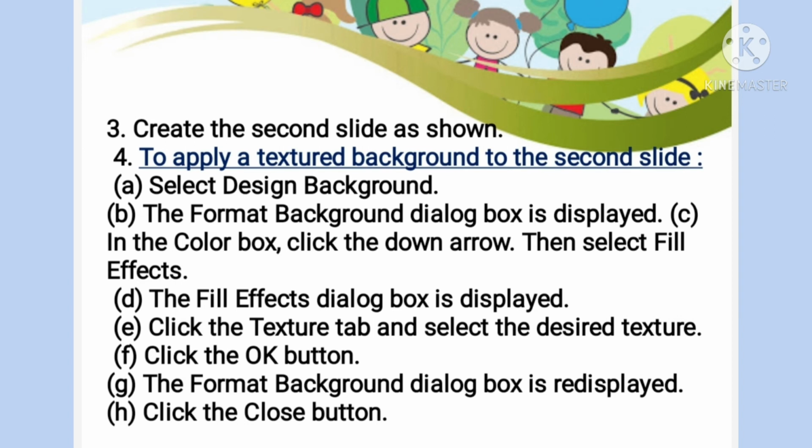C. In the color box, click the drop-down arrow, then select Fill Effects. D. The Fill Effects dialog box is displayed. E. Click the Texture tab and select the desired texture. F. Click the OK button. G. The Format Background dialog box is redisplayed. H. Click the Close button.